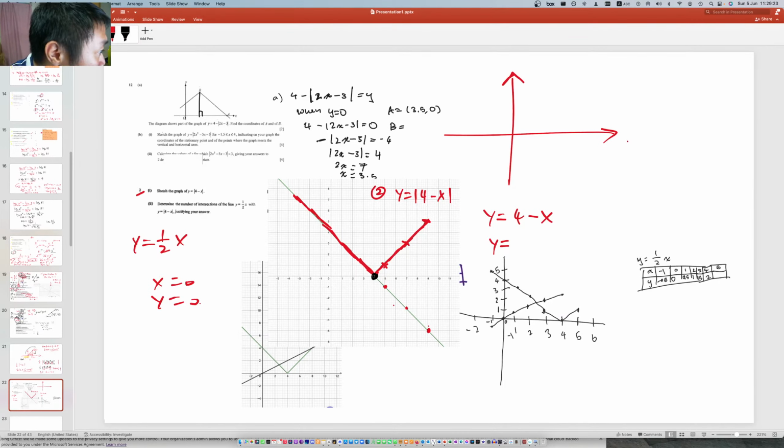Then x equals 1, but I don't like to play with 1 because it gives me a fraction, so it's 2. So 2 gives 1. Then x is 4, y is 2, so 4, 2.